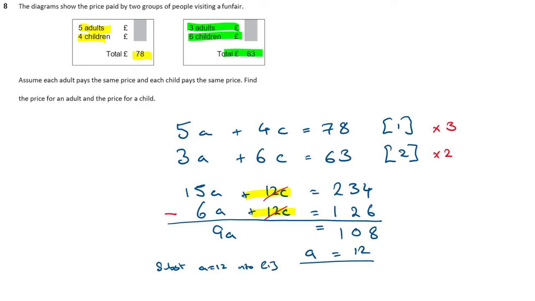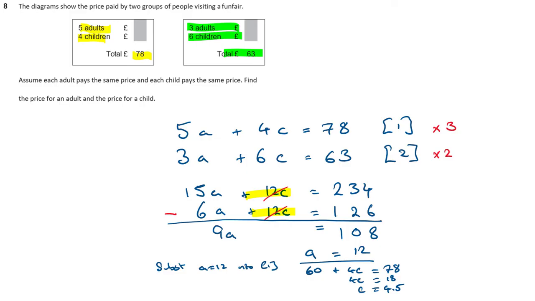If a is 12, then 5a is 5 lots of 12. That's 60. 60 plus 4c is equal to 78. Taking 60 from both sides gives me 4c is equal to 18. And then dividing both sides by 4 gives me c is equal to 4.5. £4.50 then, isn't it?